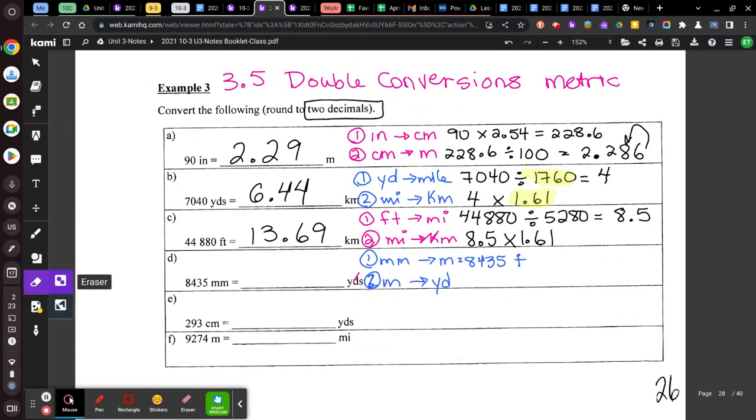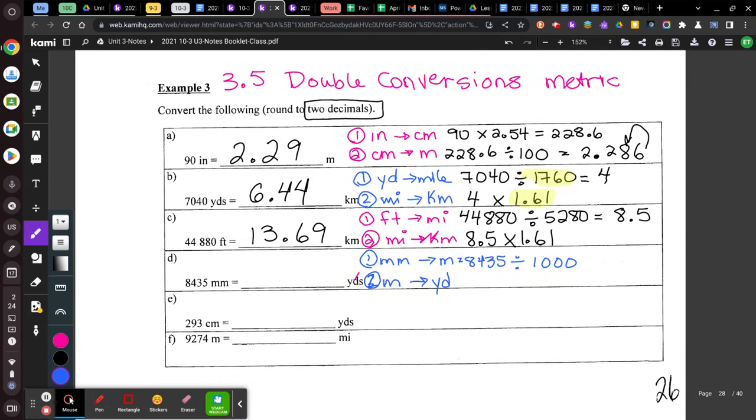Hang on, let's draw that number again. We are dividing by 1,000 because it goes 3 stairs. Sorry, going up. So we're starting at millimeter at the bottom and going 3 stairs up. So 3 stairs up, 3 zeros. And we're back in business.